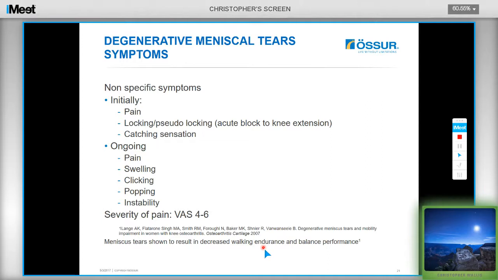It can set off pain, but as I said, it can occur spontaneously or just as a result of stepping off a curb. Meniscal tears are shown to decrease walking endurance and balance, so that balance can certainly be explained by the proprioceptive function of the meniscus.